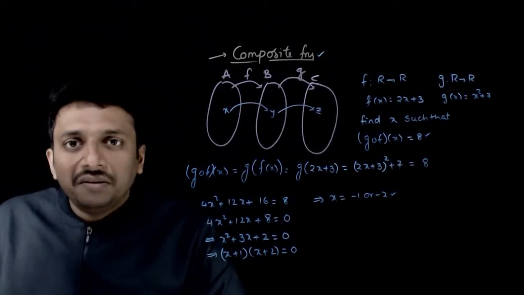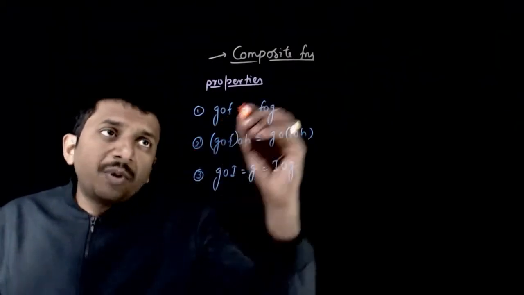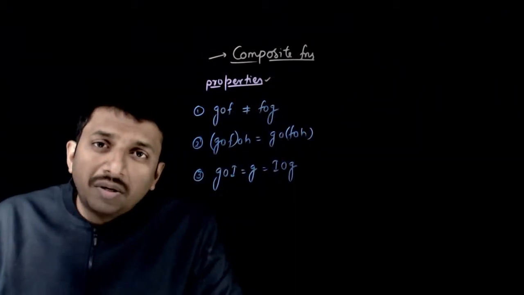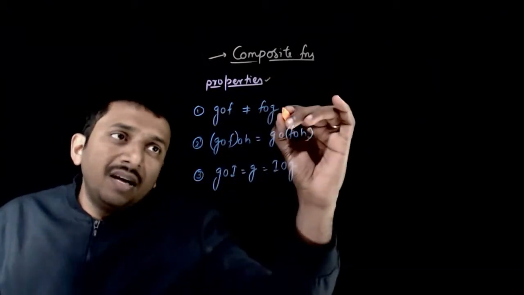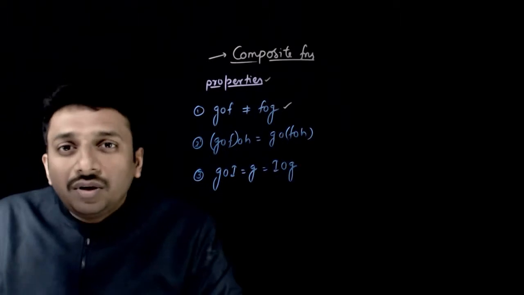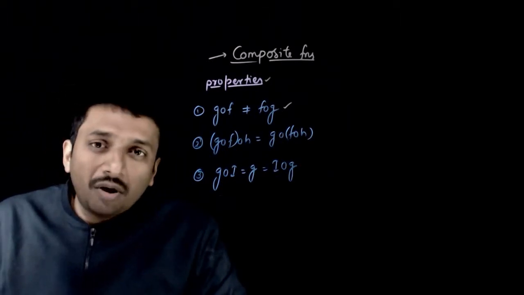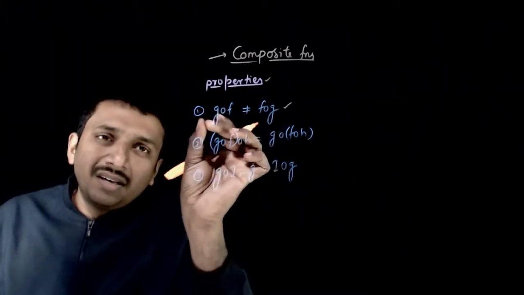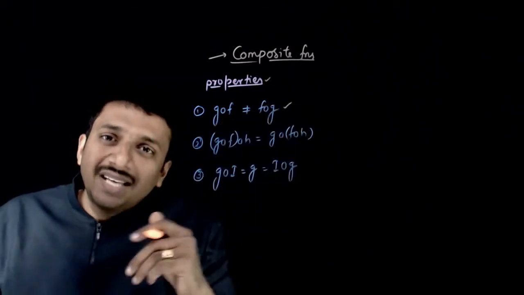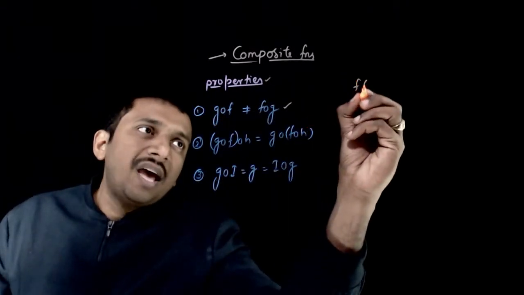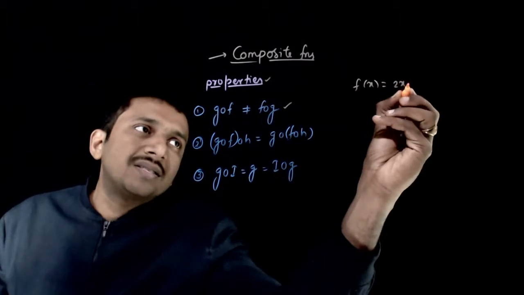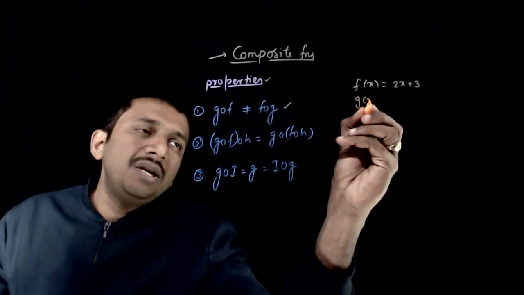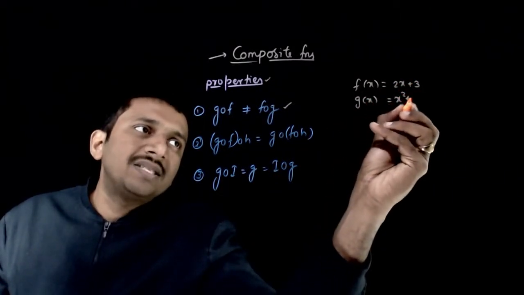So next, the basic properties that you need to know about composite functions are: FOG is not equal to GOF. This is quite obvious, right? If you take the example of the previous functions, f of x is 2x plus 3 and g of x is x square plus 7.